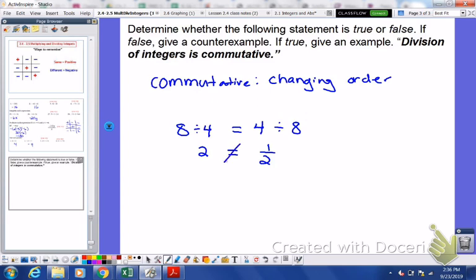So there's our counterexample right there. 8 divided by 4 does not equal 4 divided by 8. So division is not commutative, just like subtraction is not commutative.